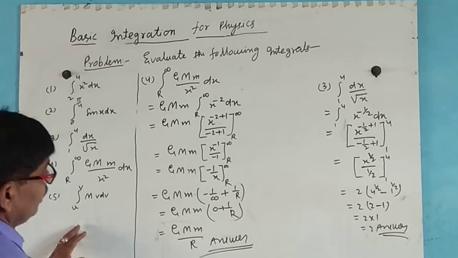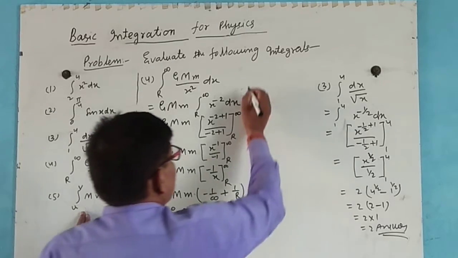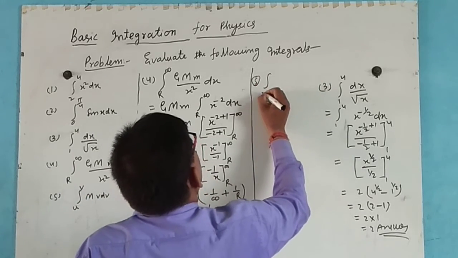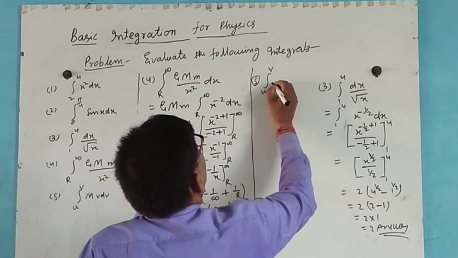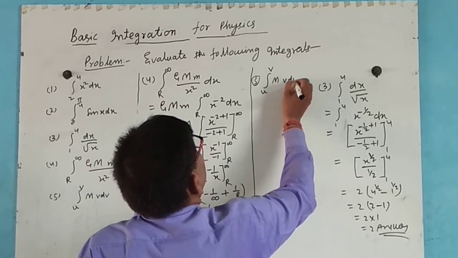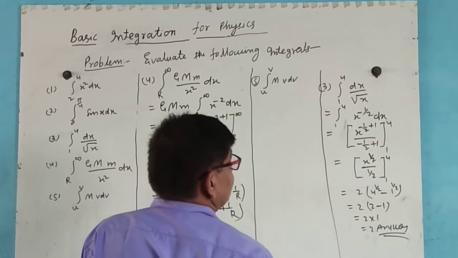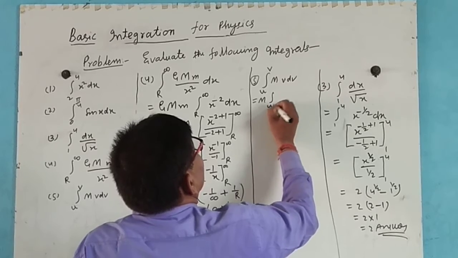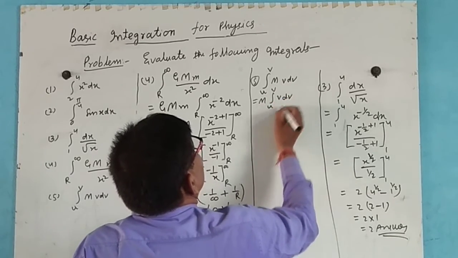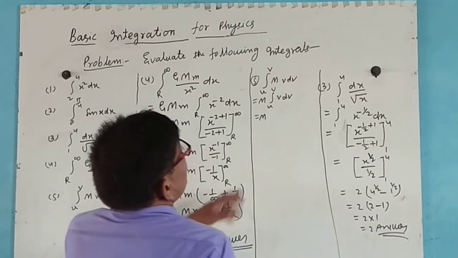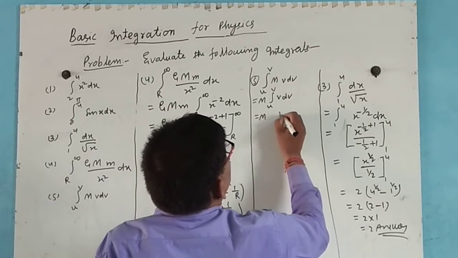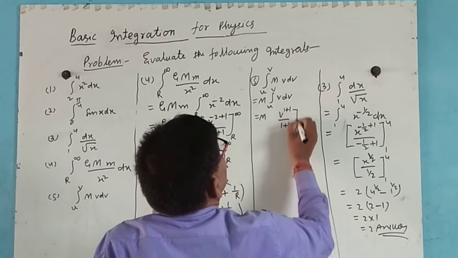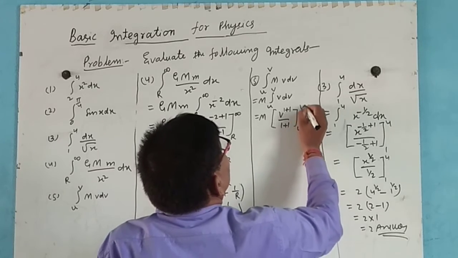Now, next problem 5. Integration of u to v, m v dv. Here m is a constant. Integration of u to v, v dv, m times v to the power 1 plus 1 divided by 1 plus 1. The limit will be u to v.